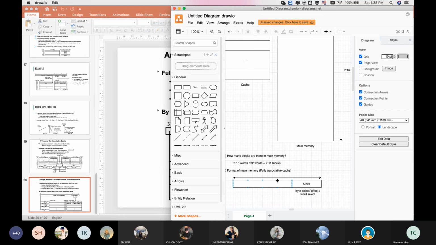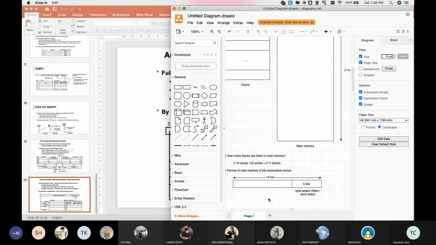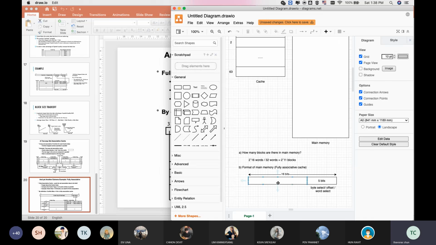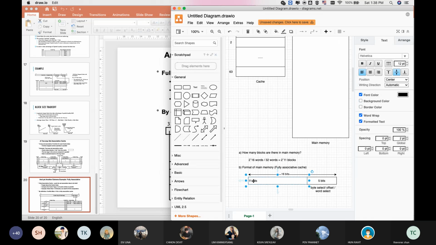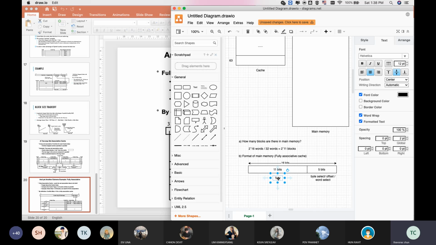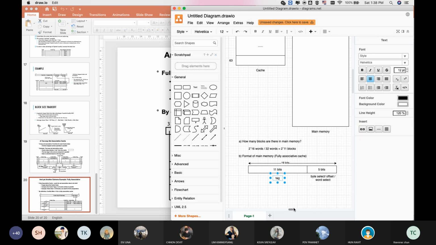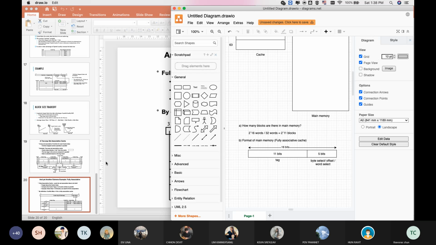So here the total is 16 bits. So we need 11 bits for the tag. So question B is just like this.